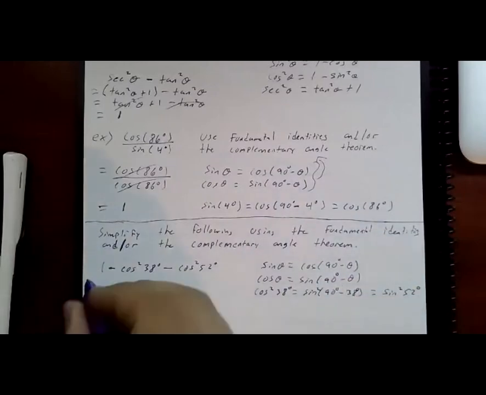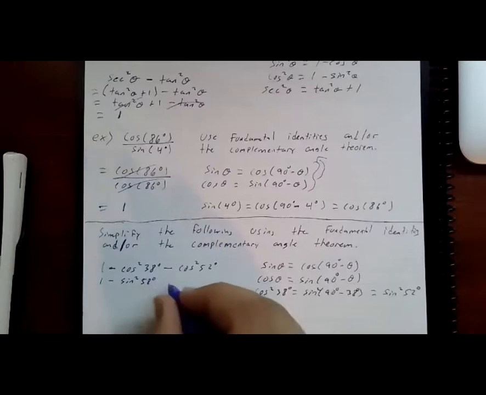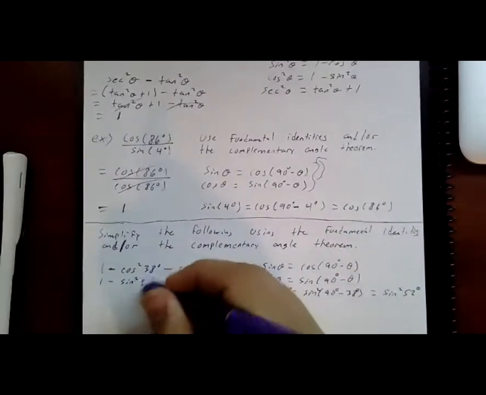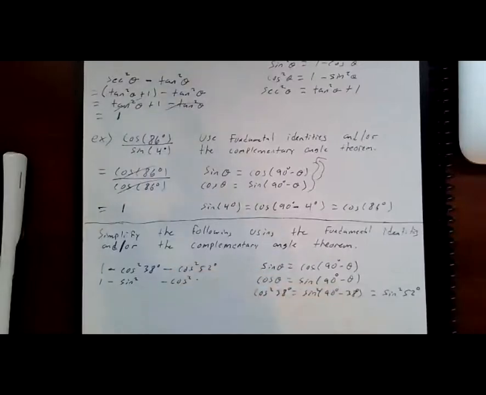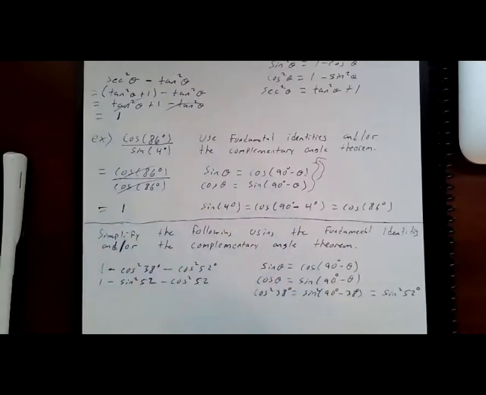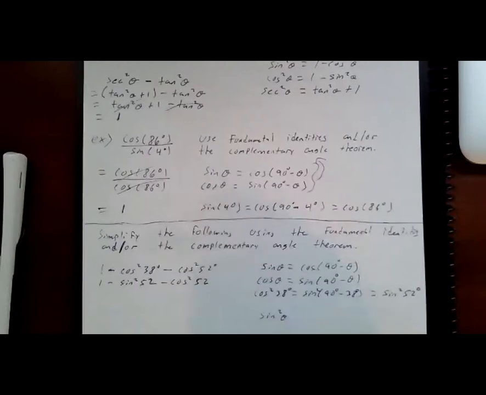Okay, so do the substitution. 1 minus sine squared 52 minus cosine squared 52. Oops, I don't know why I put 58. Now it might not be obvious, but the original Pythagorean identity is right there, right?